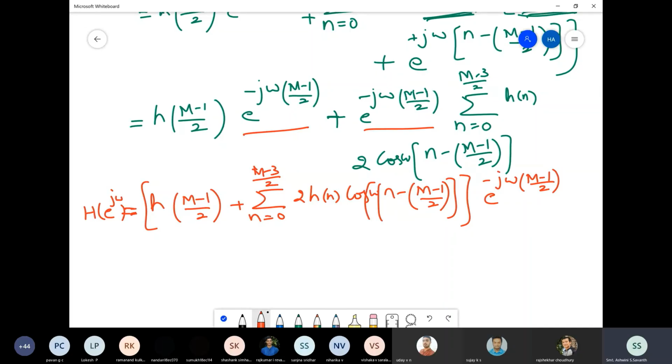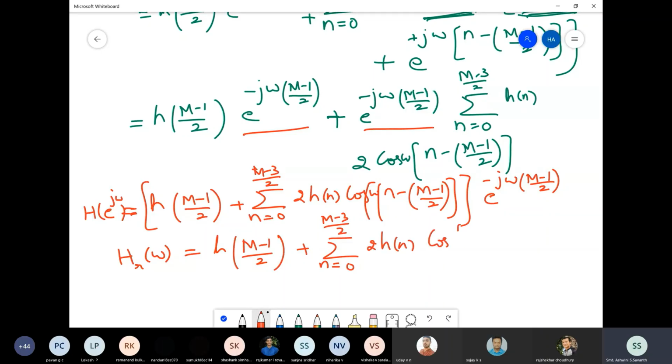So what is your magnitude term, or we write that as H_R of omega, is this first term, H of (M minus 1)/2 plus summation n equals 0 to (M minus 3)/2 of 2 h of n cos of omega into (n minus (M minus 1)/2).